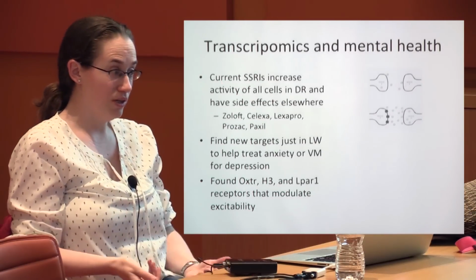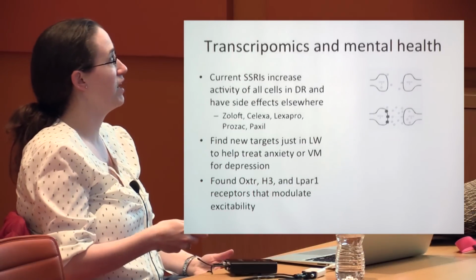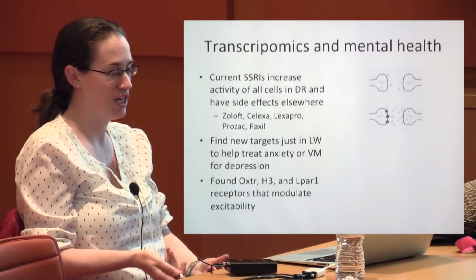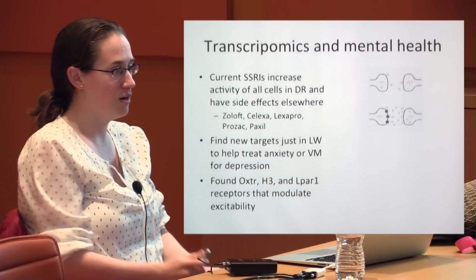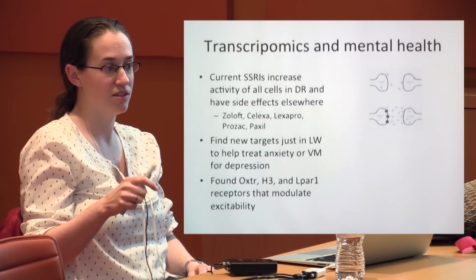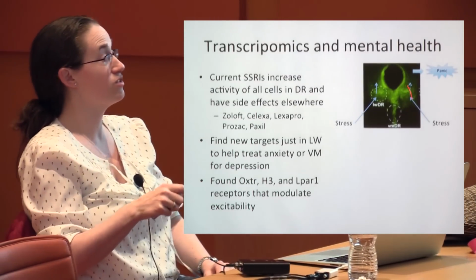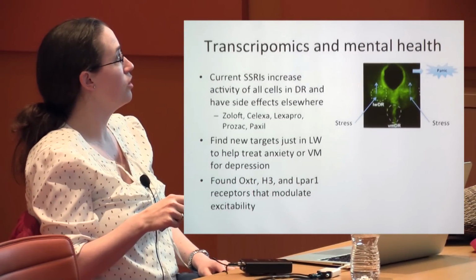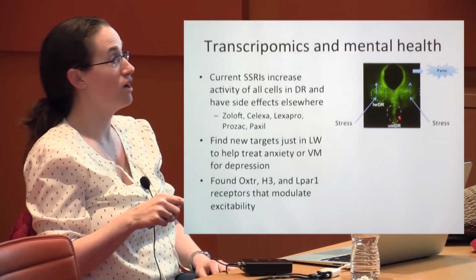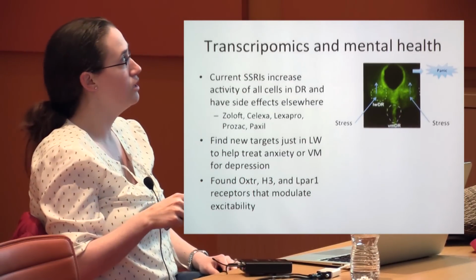And so those are good, but they have side effects because they don't just affect here, they have GI effects and a whole bunch of other problems. So it would be really good if we could find stuff that better targets that dorsal raphe. This region is more involved in depression, and this region is more involved in panic and anxiety.